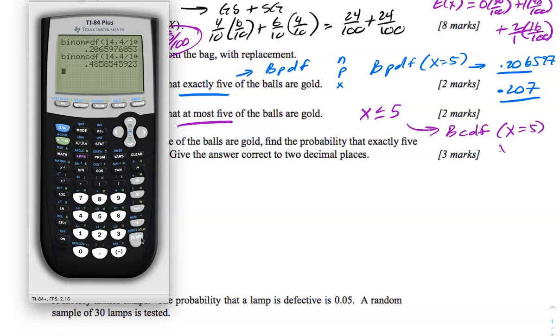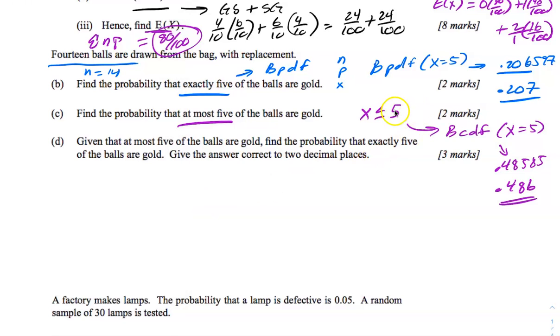In that case, you get 0.48585 or 0.486. Remember, that's at most 5, so essentially what you're doing here is adding the probability that you have 0 gold balls, you get 1 gold ball, you get 2 gold balls, you get 3 gold balls, you get 4, and you get 5. You're adding every single possibility up to 5.